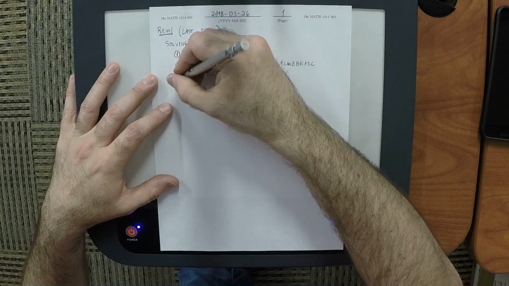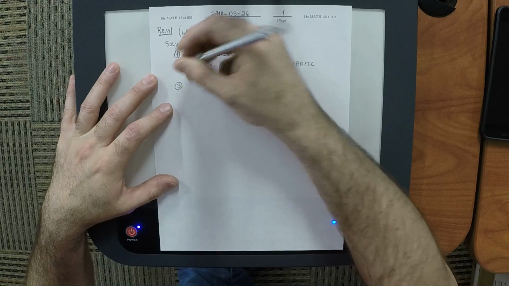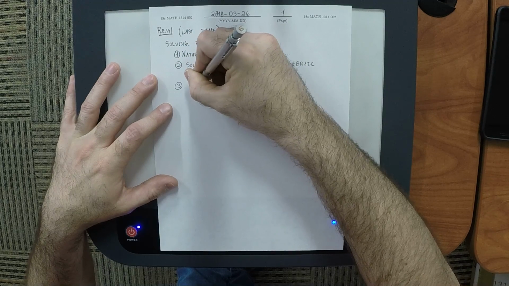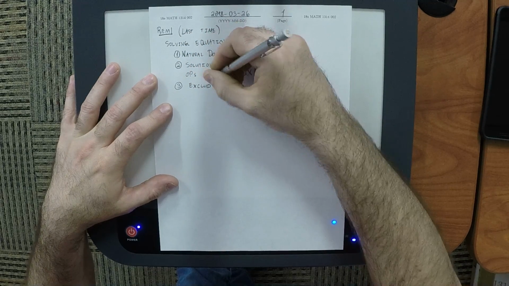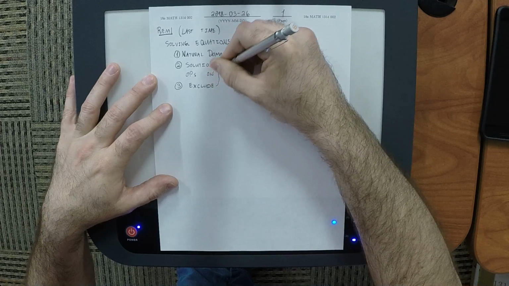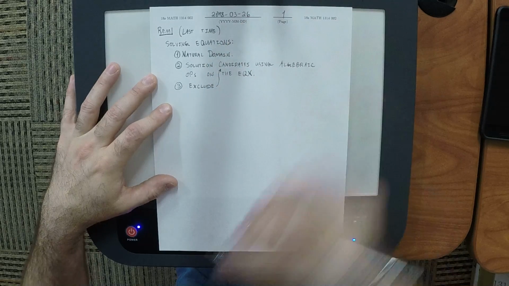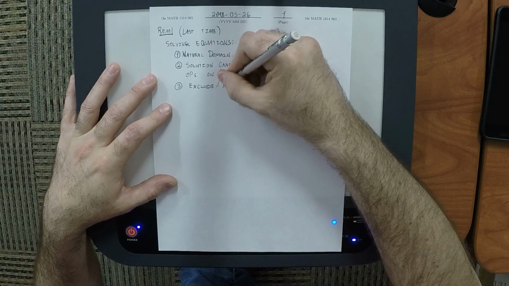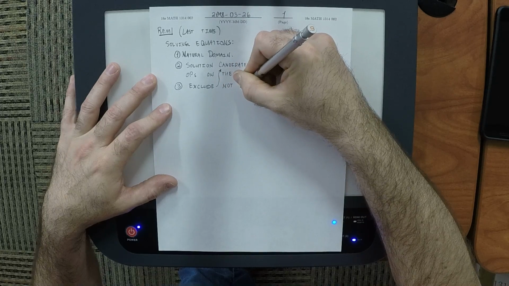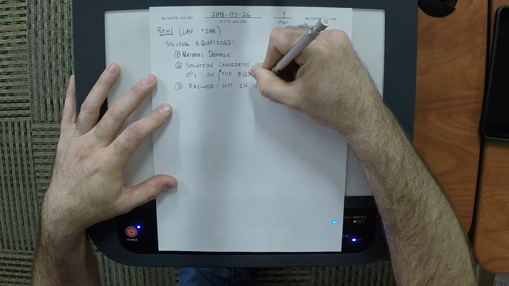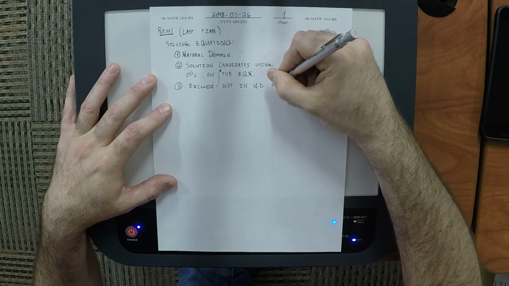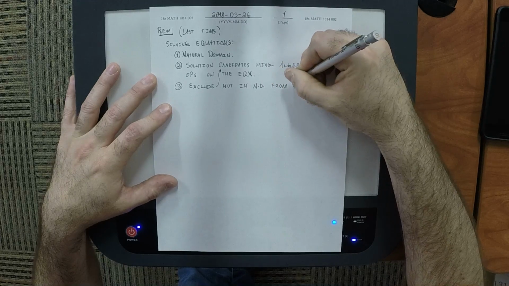Then after you find solution candidates, step 3, you exclude candidates that are not in the natural domain, which you found in step 1.